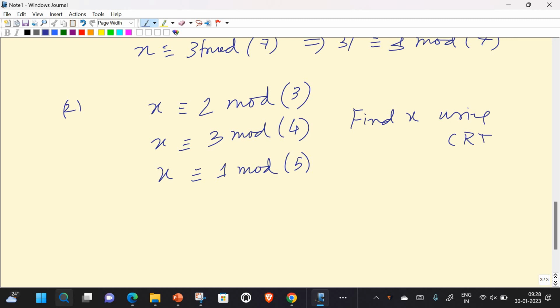CRT doesn't stand for cathode ray tube. It is the Chinese remainder theorem. So please do that. All right, take the necessary steps. Here 3 equations are there, so definitely you will have 3 moduli M1, M2, M3.